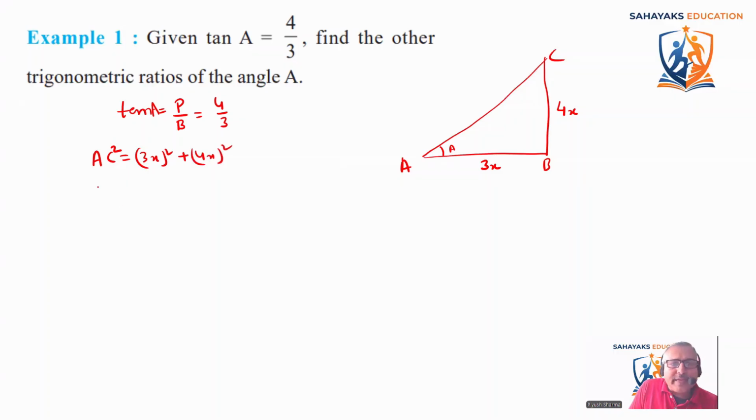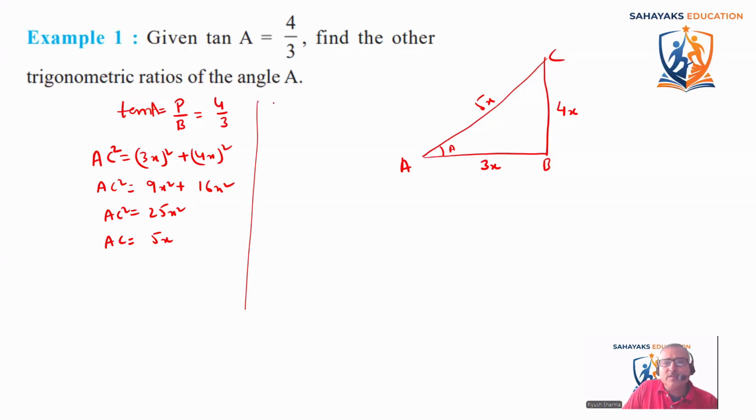So AC square is 9x square plus 16x square, that comes out to be 25x square. So AC comes out to be 5x, by taking the square root of both sides.